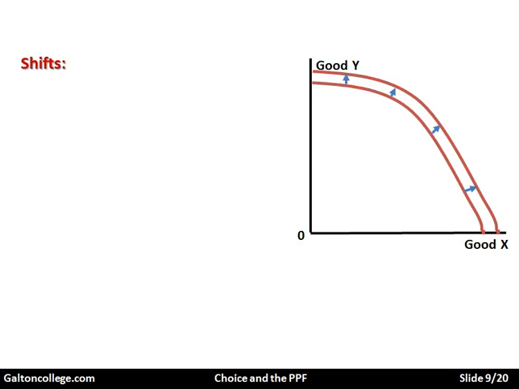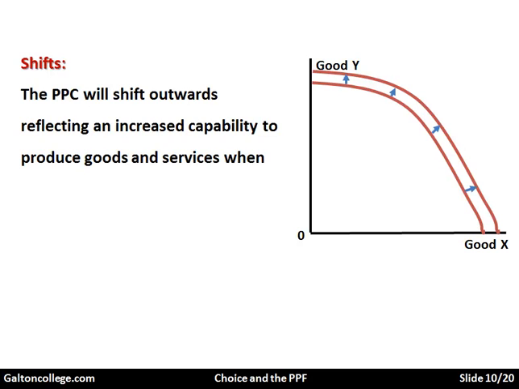Now you can have a shift of the curve. For example, a shift would show the curve moving outwards. It could be a shift inwards, of course, but in the case of it moving outwards, it reflects an increased capability to produce goods and services.